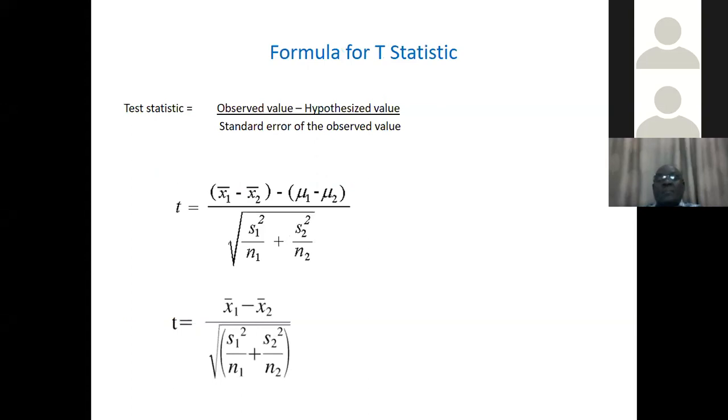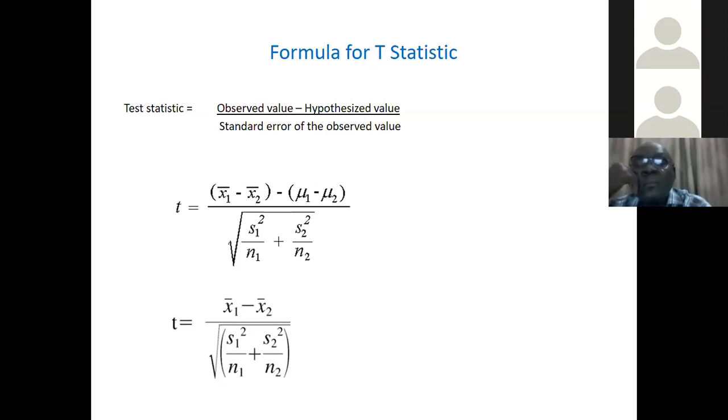Now, the logic behind all hypothesis testing is that you are looking at the difference between what you observe in your data set. For example, say I measured blood sugar. I have two groups, 30 male and 30 female.